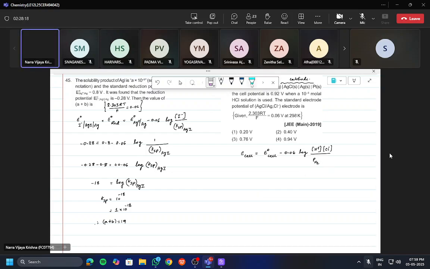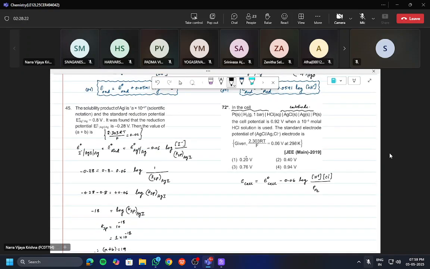Now, what is E of cell given? 0.92. What is E naught of cell given? We don't know. E naught of cell can be written as E naught oxidation plus E naught reduction. What is E naught oxidation?